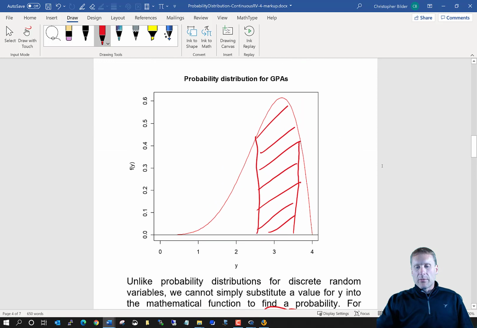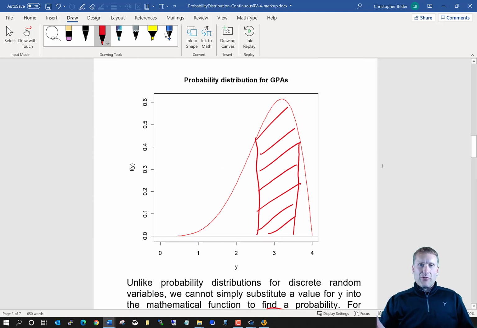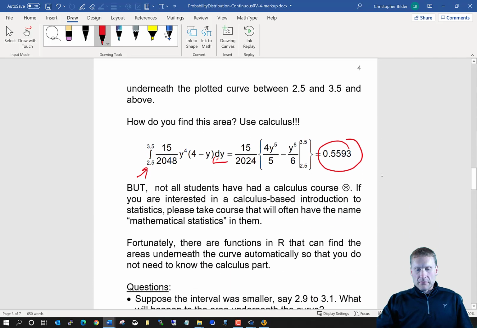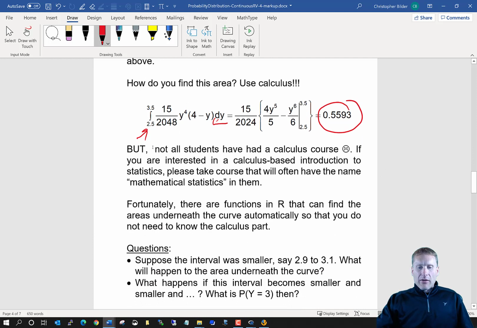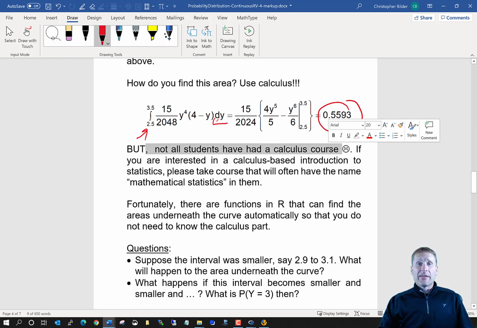Let's go back to this plot. I didn't necessarily draw that area very well, but I think we can agree that, roughly speaking, about half the area underneath that curve I've colored in with my pen. Unfortunately, not all students in our class have had a calculus course, so we're not going to focus on calculus here.